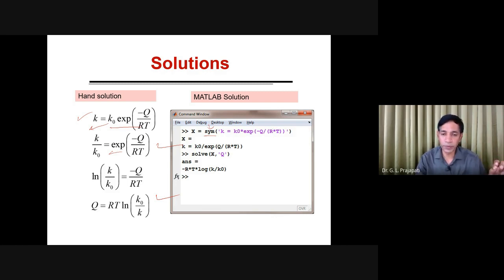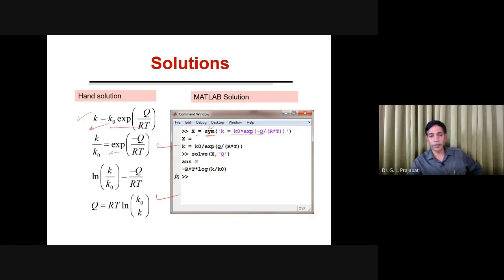Because x becomes the symbolic variable, and in this symbolic variable you are going to assign this expression. So this is the usefulness of the sym command. Once you go for the sym command, you don't require declaring k, q or t as symbolic variables.